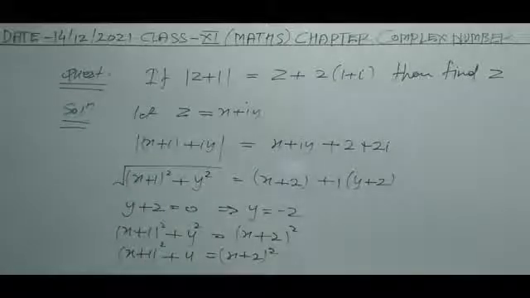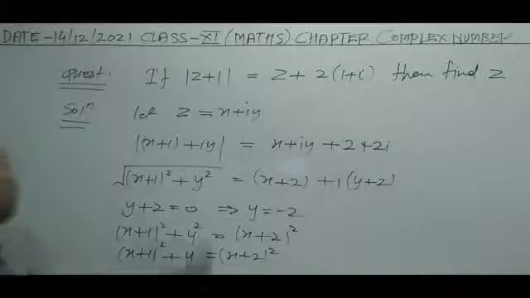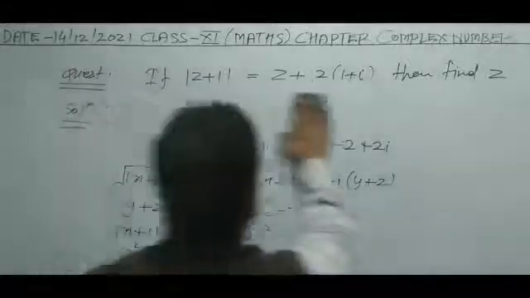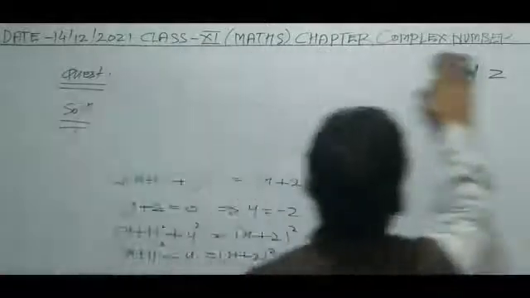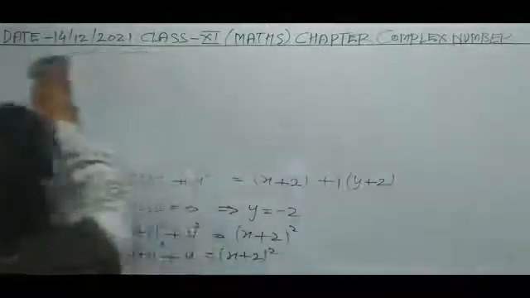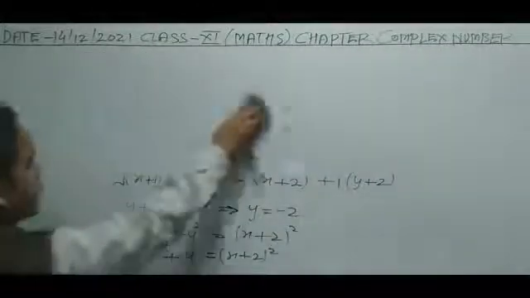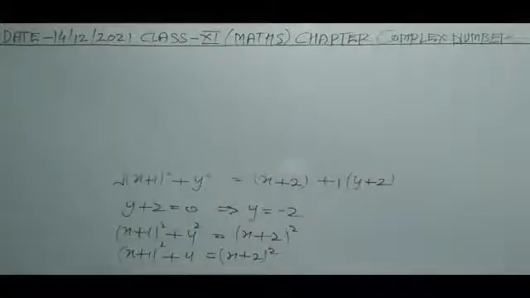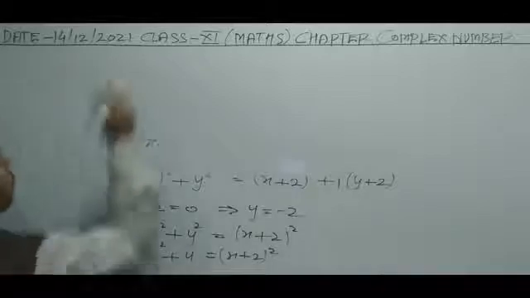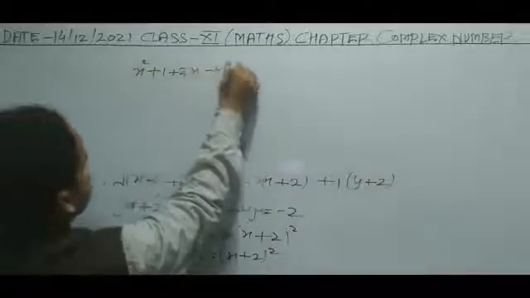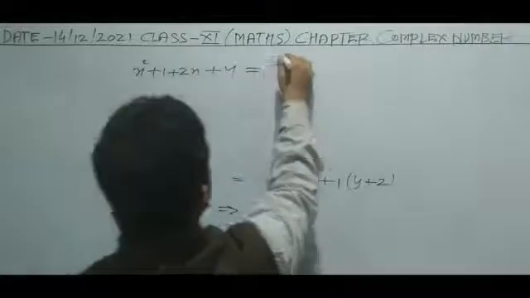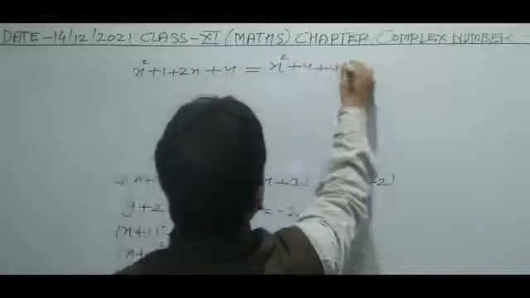Now you will see, after squaring, x square plus 1 plus 2x plus 4 is equal to x square plus 4 plus 4x.